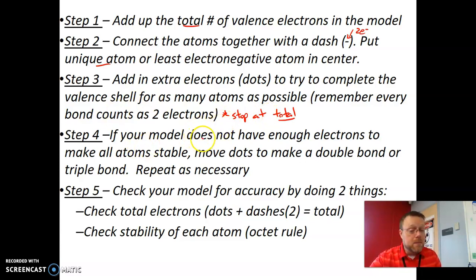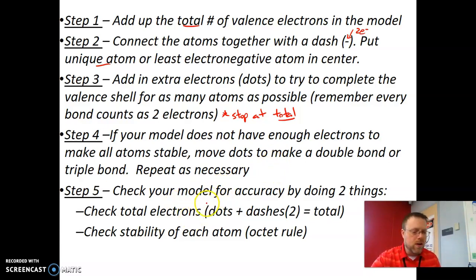Now, sometimes you add in all of your electrons and you don't have enough electrons to get all of the atoms to be stable, to have 8 electrons around them. And so if that's the case, then we're going to make some double or triple bonds by moving some lone pairs of electrons in to make bonds. And there's a couple of things you probably want to do at the end to check yourself.